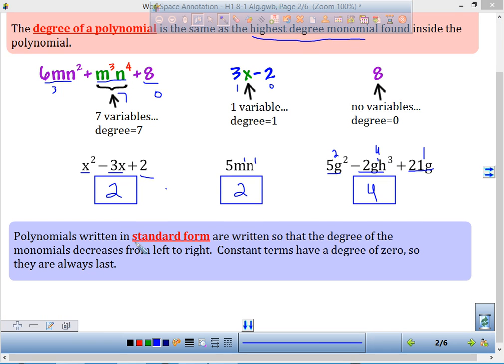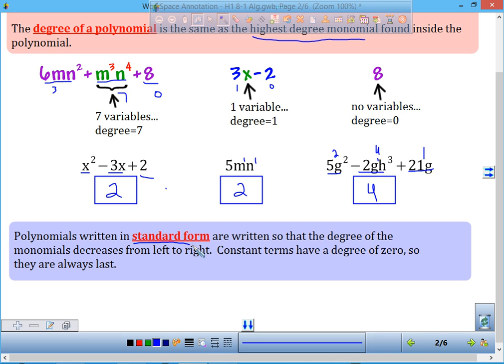This is important when we write in standard form. Standard form is highest degree to lowest degree, left to right. An example would be if I have x squared plus x cubed minus 4x.